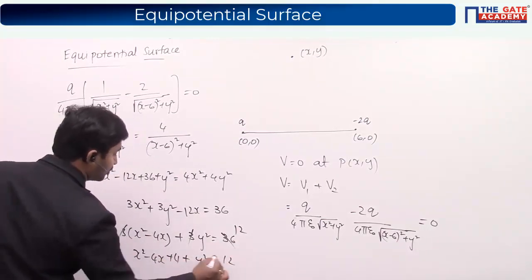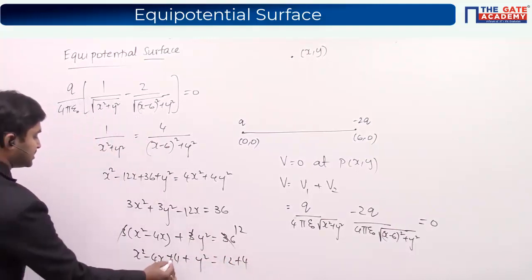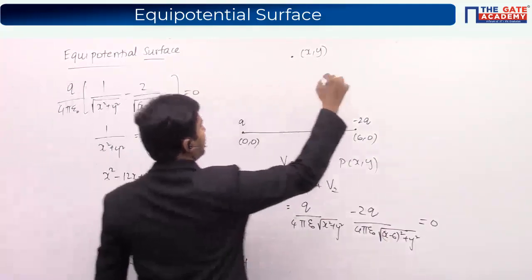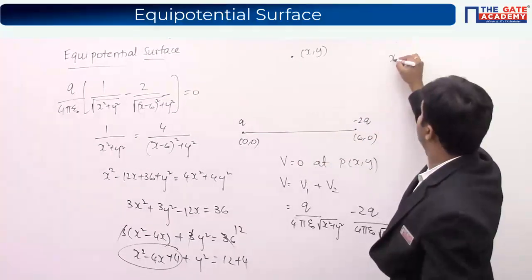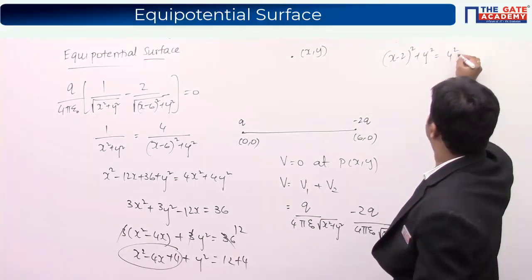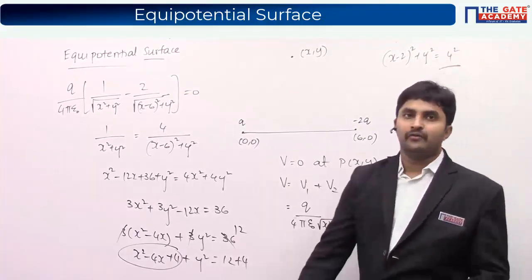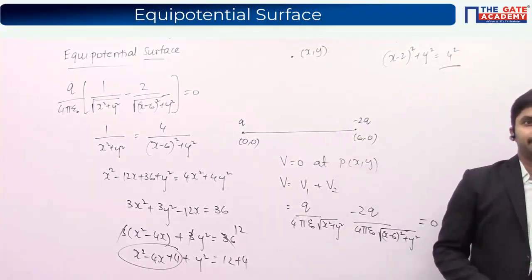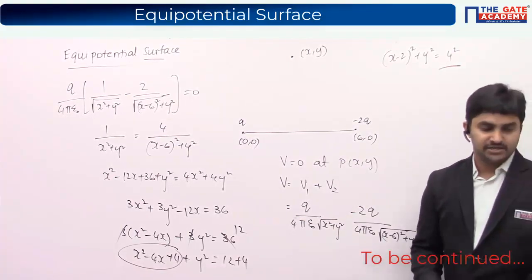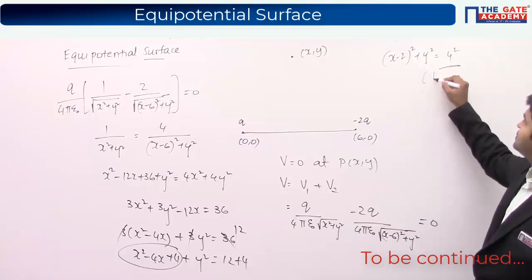If I add 4 on both sides, this becomes (x minus 2) whole square plus y square is equal to 4 square, which is the equation of a circle. So the answer for this question is option D.